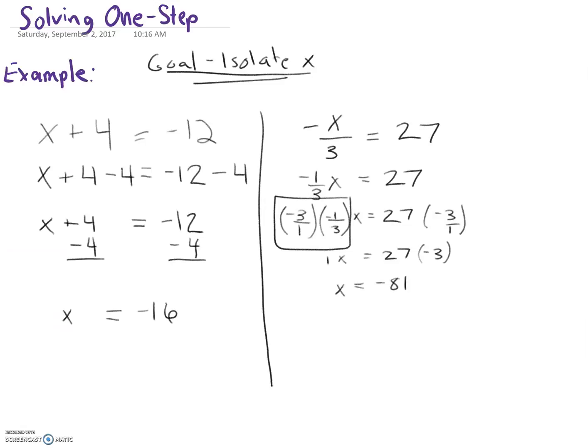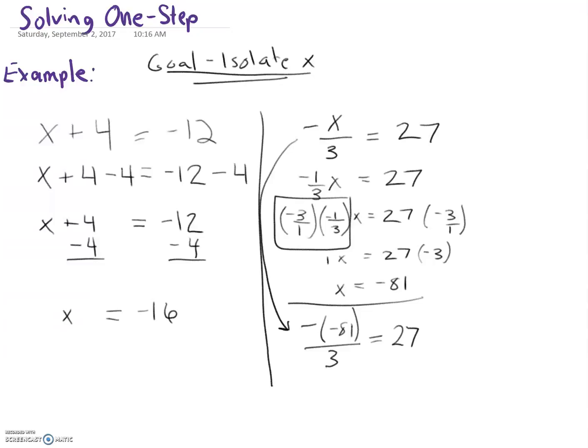Okay. Well, let's check that. Let's check to make sure. So take the original equation and let's see how that result pans out. So I've already got a negative. And my work is saying I've got negative 81 as a solution divided by 3, not x. And that's supposed to equal 27.